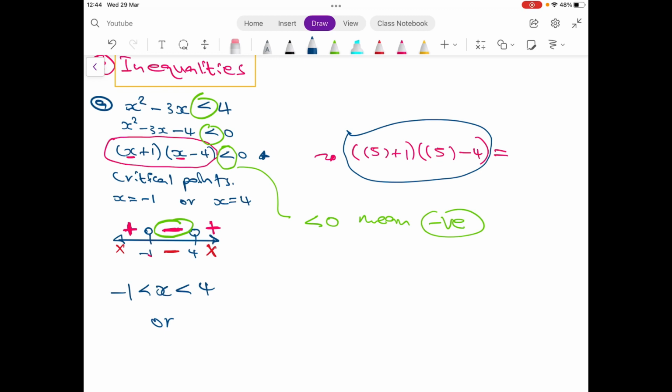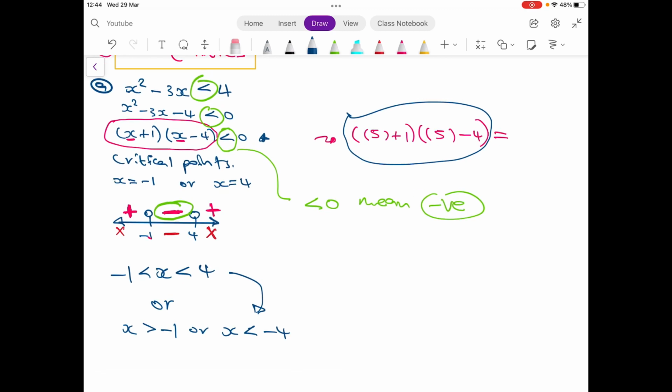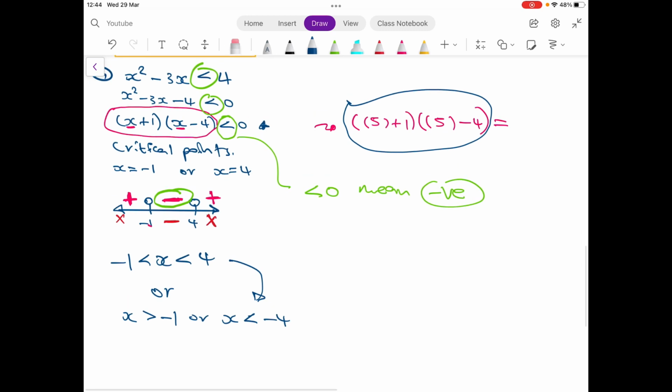The other way to represent the same thing is to say x is greater than negative 1, or x is less than negative 4. This is basically saying the same thing.